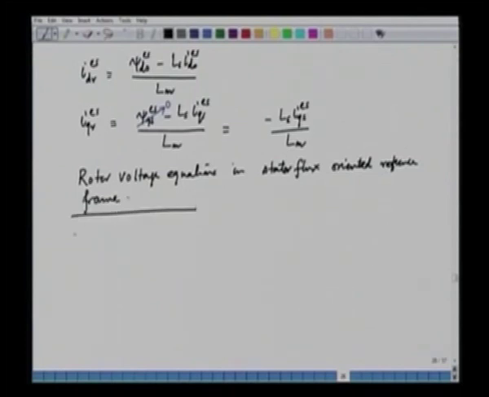And here we can start with the d axis: VDR^s is equal to 0, and that is equal to IDR^s Rr plus P ψdr^s minus ω_sl into ψqr^s. So, this is as we have done in case of a rotor flux oriented vector control.